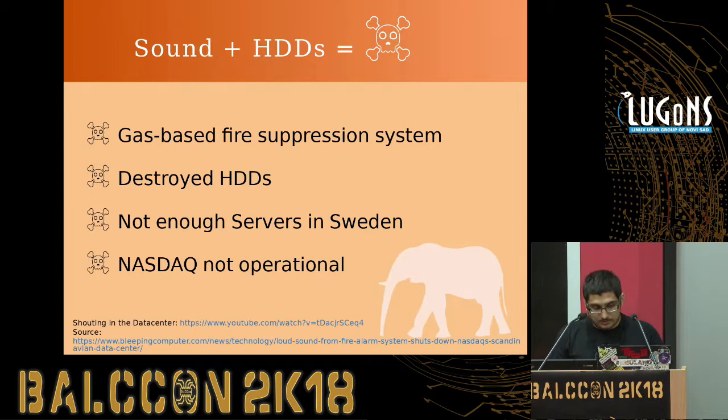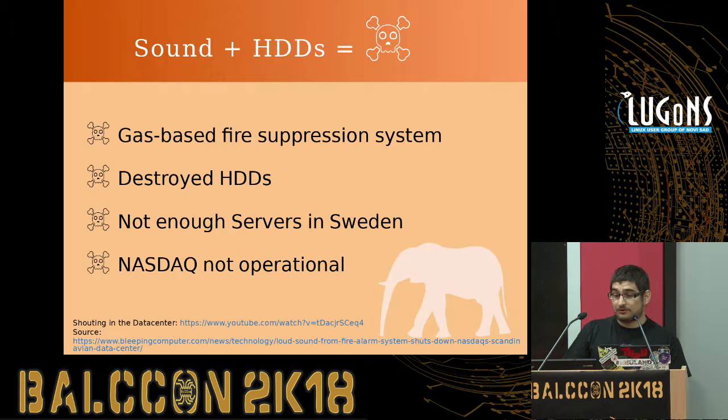And well, the problem was that this caused vibrations in the hard disks, and then the hard disks got destroyed. And the fun thing is, there were not enough servers in Sweden to fix the problem, because Nasdaq was affected. Nasdaq is a big stock market company. So downtimes at a stock market is not so good, I heard, for money.